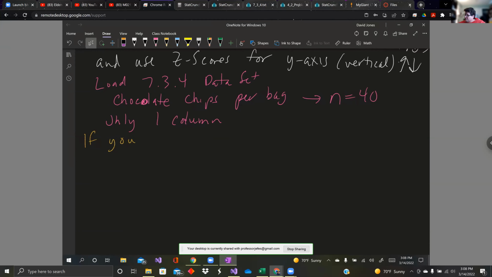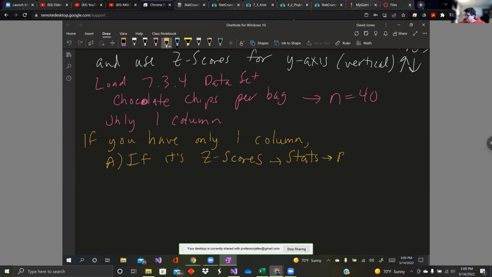And I want to note, if you have only one column like this, if it's z-scores, which ours isn't, you want to do stats, regression, simple linear.